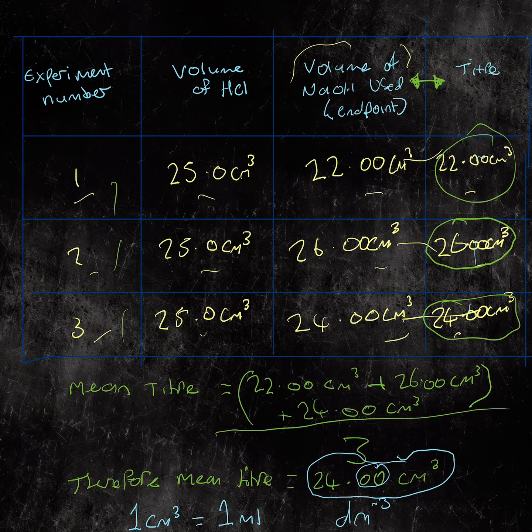So it will be 0.05 or 0.00 possibly, because of the degree of accuracy. Okay, now when you have your mean titre, which is 24 in this instance, you need to write out the balanced equation, but we know our equation is balanced anyway, so we're a step ahead of the game.